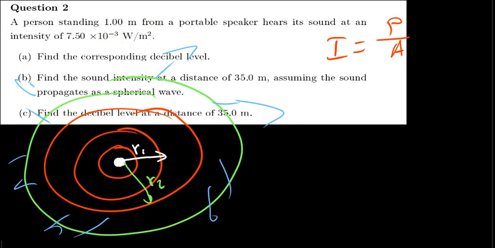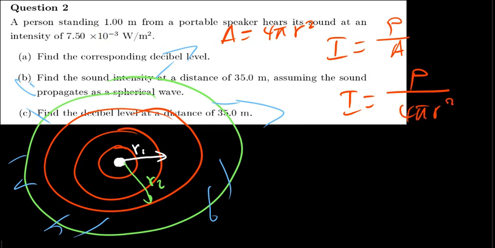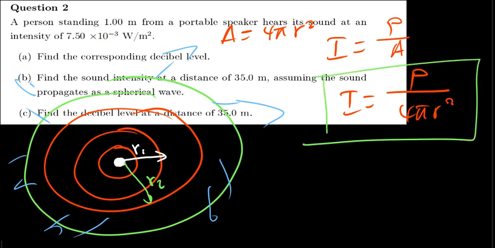The area of the spherical wave is given by 4 pi r squared, so I can replace the area with 4 pi r squared. That's the basic idea behind intensity: intensity is power divided by area.